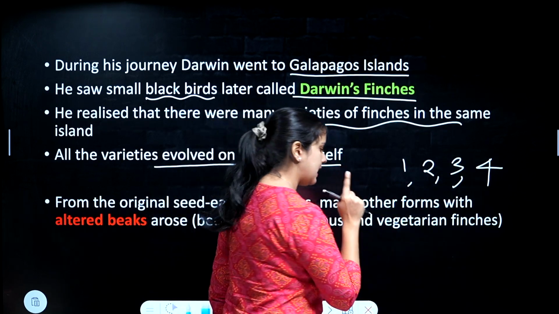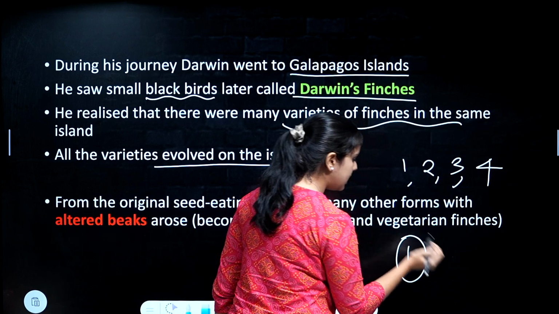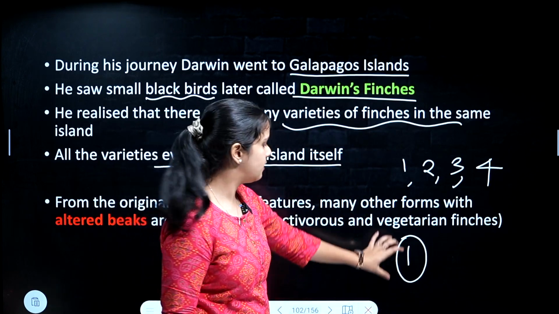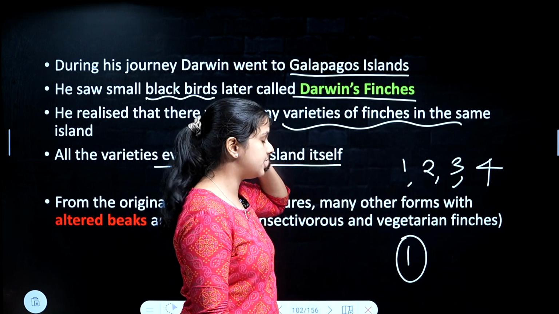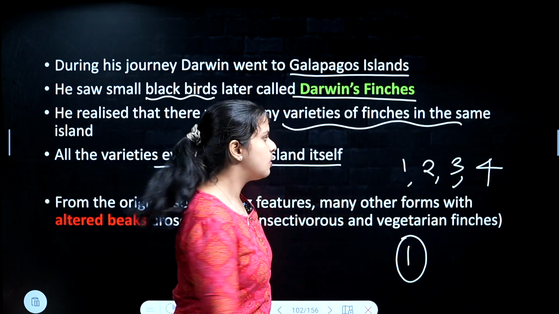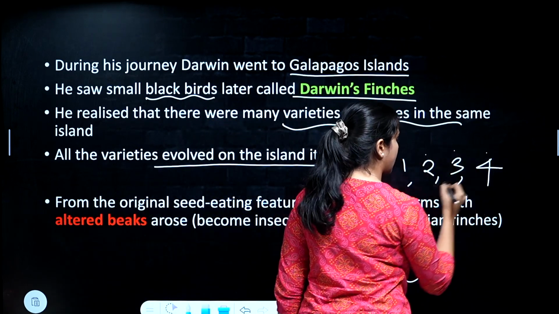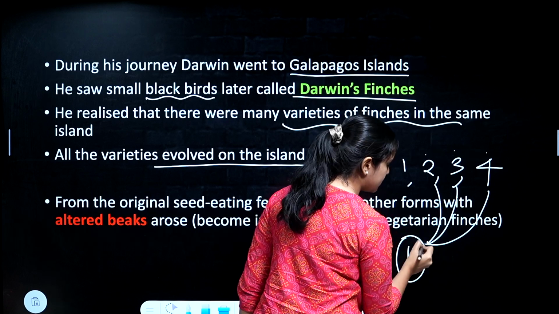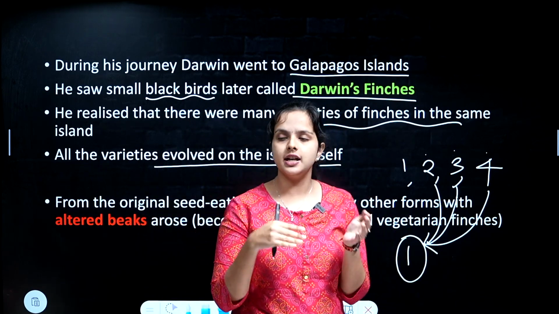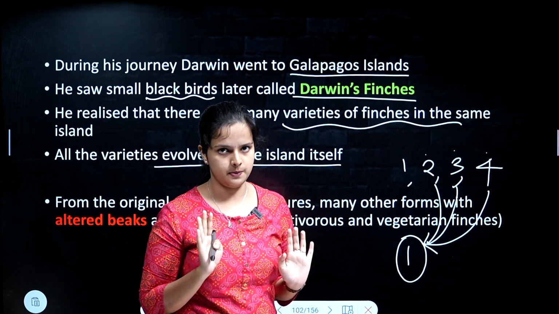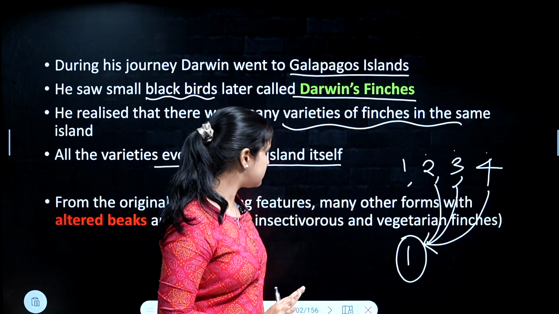That is, earlier there was only a single variety, 1, but now there are 4 varieties. So 2, 3 and 4 evolved from this particular variety, because no variety went out and no variety came in. So this is what Darwin found out.